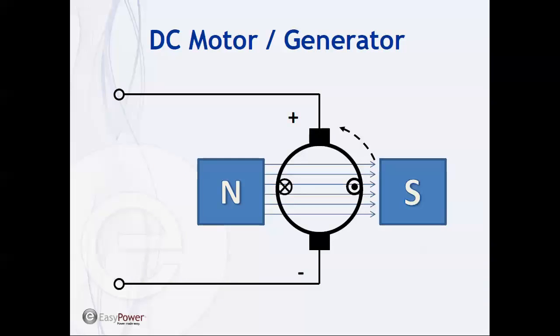This is just a quick representation of a machine model, a DC motor or a DC generator. We have the magnetic field and we have the rotor, where we have the armature conductors, and they're connected to the brushes and commutators, and they are connected to the rest of the system via the terminals.